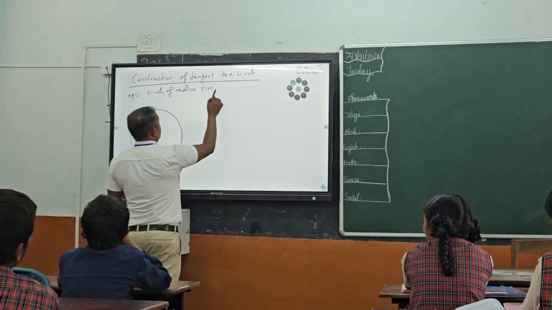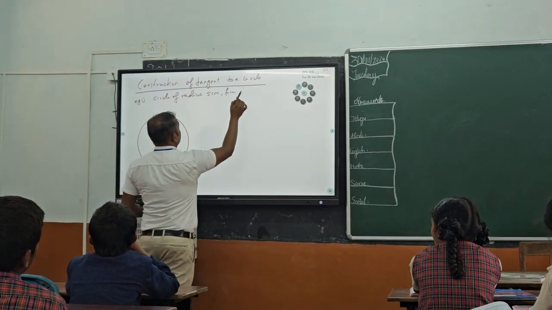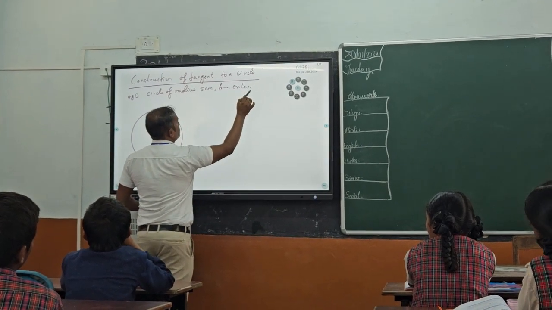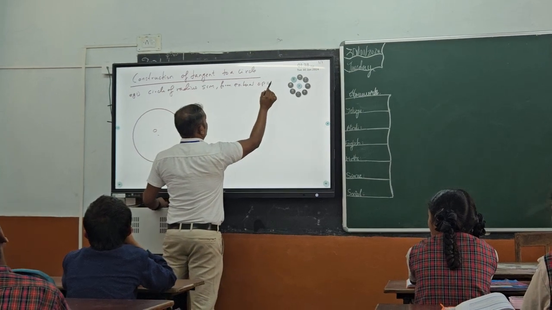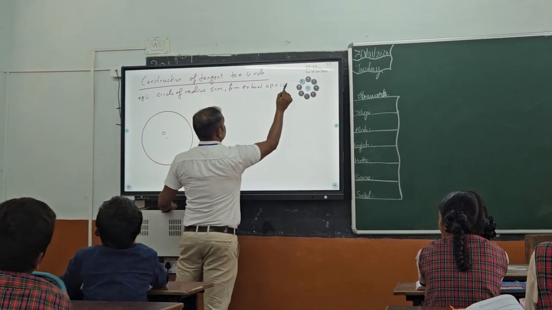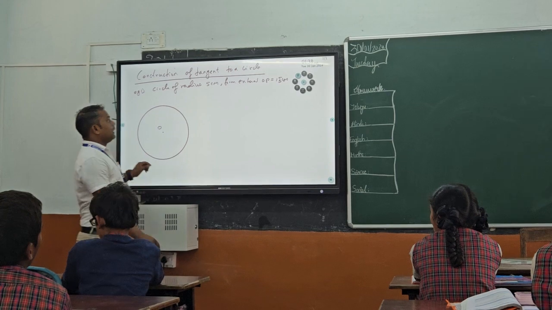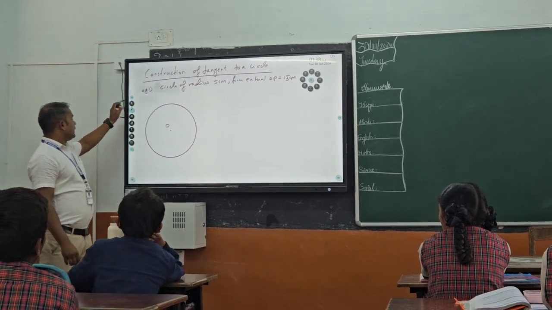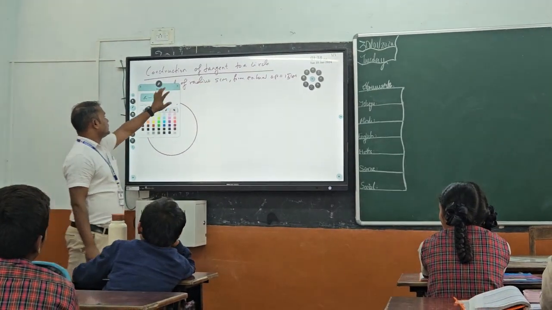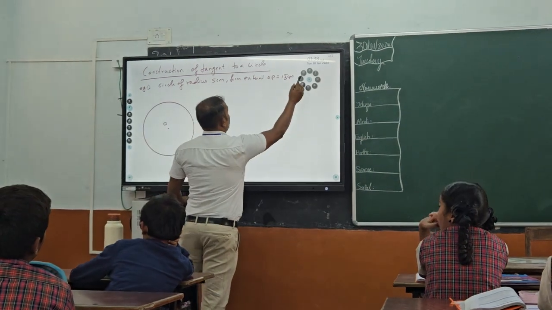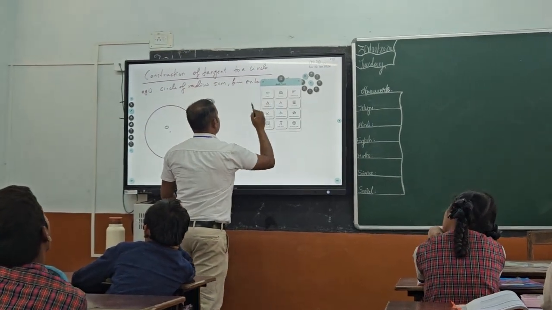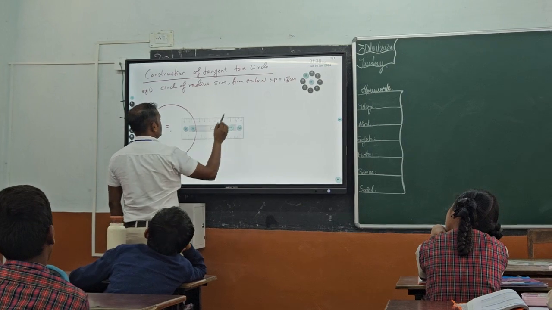Now, from an external point P, suppose OP is equal to 15 centimeters. So again we want a length.